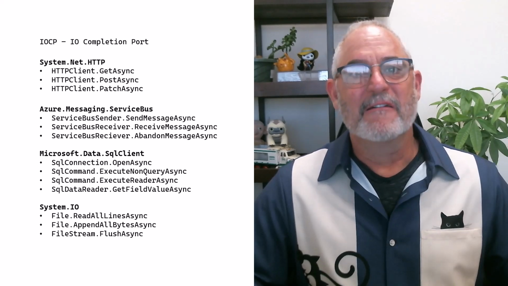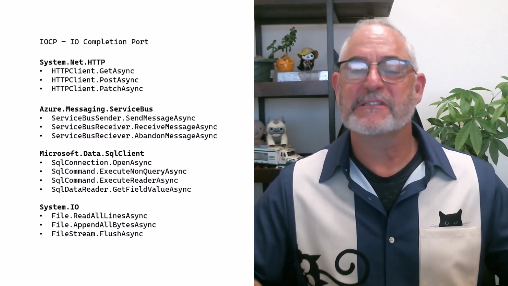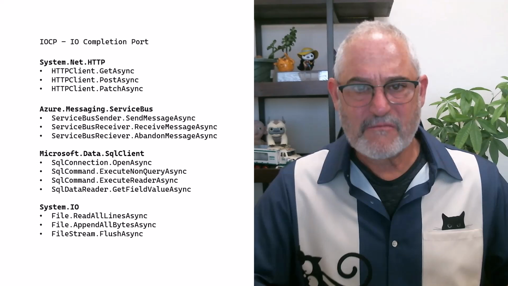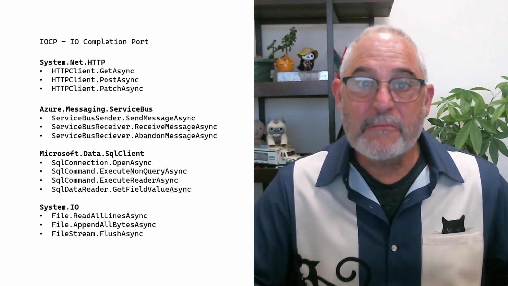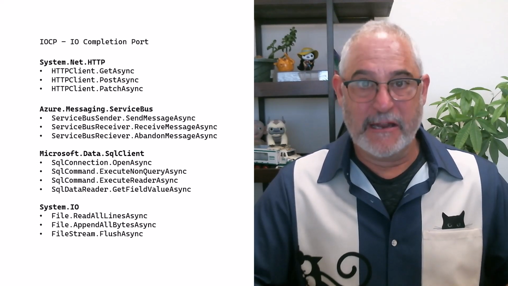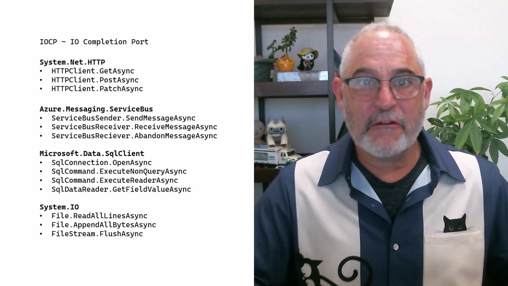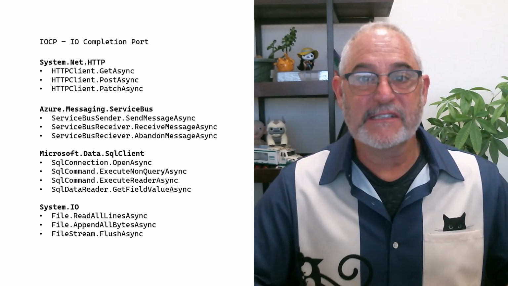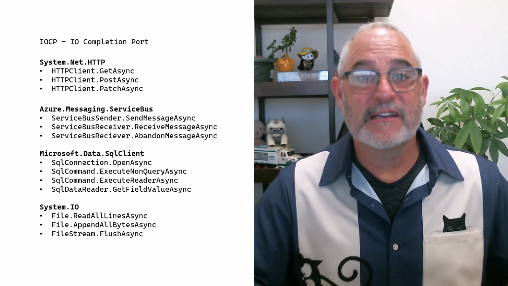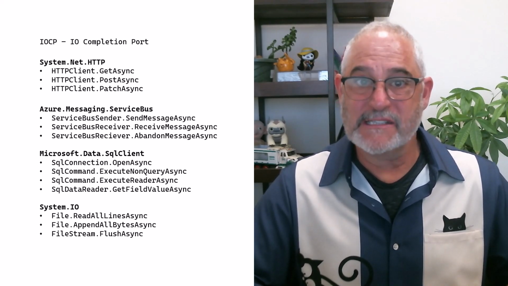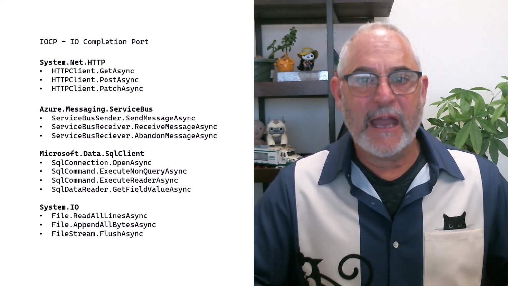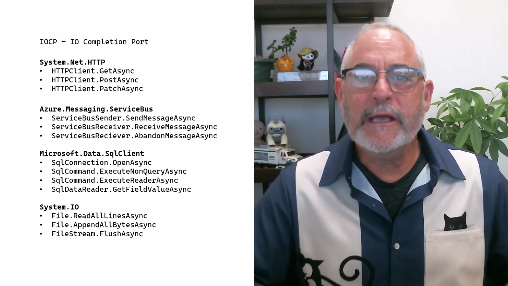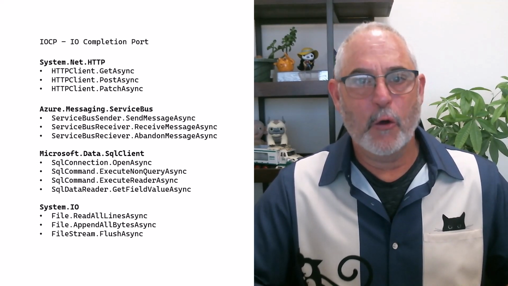So there you have it. Just to sum up, we've talked about how async await works and what problem it solves. It helps us manage our thread pool and allows us to service potentially thousands of concurrent I/O requests with just a handful of thread pool threads. And we've talked about what really makes something awaitable.